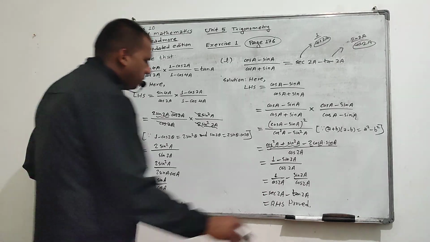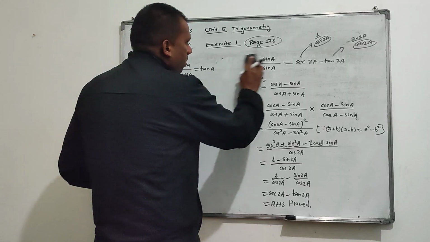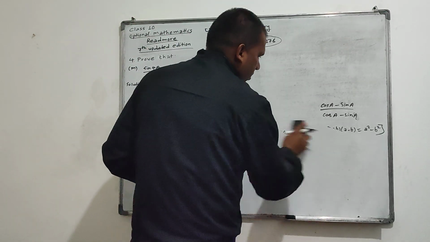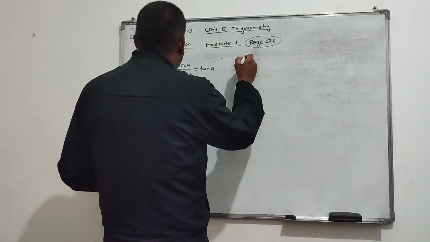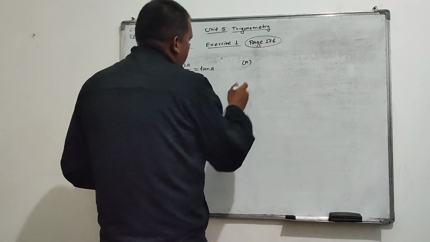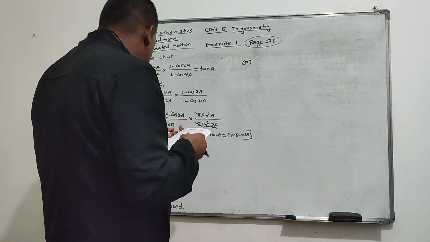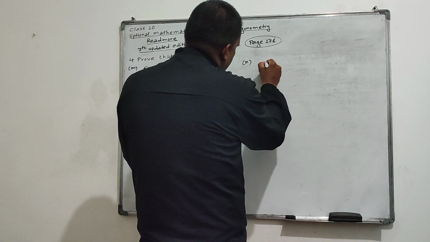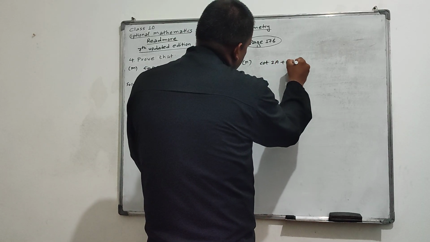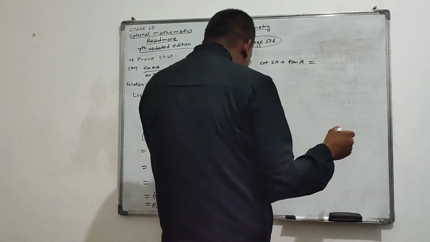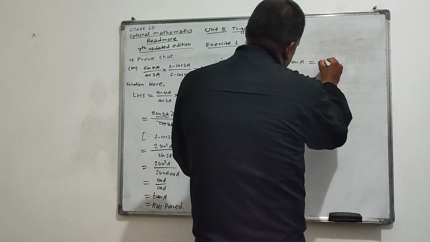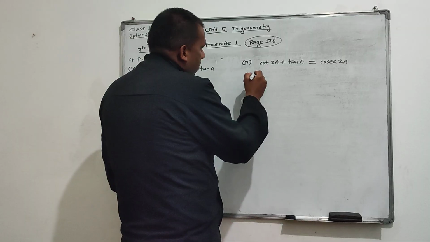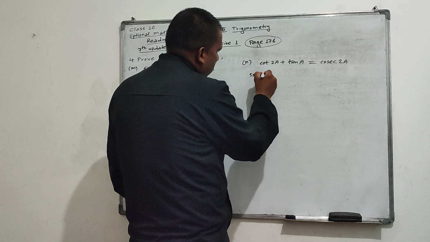Now next number. We have cot 2A plus tan A equal to cosec 2A. Now the solution.